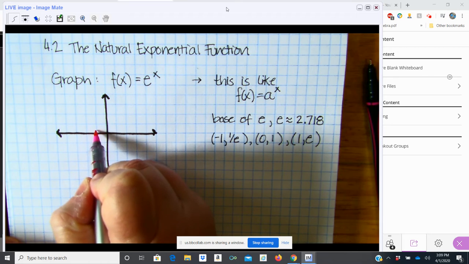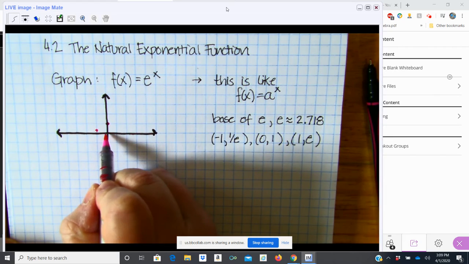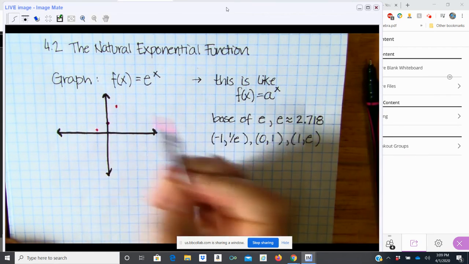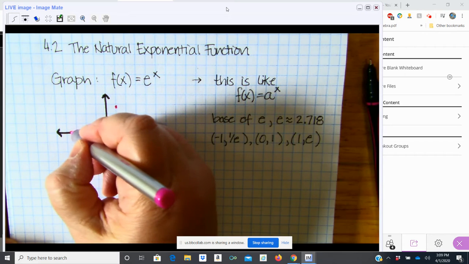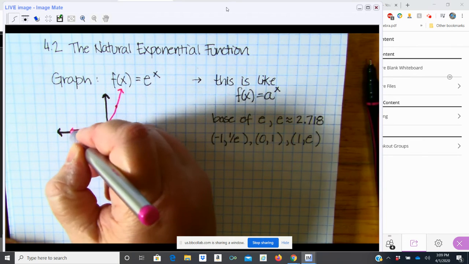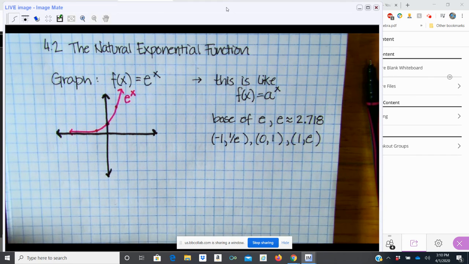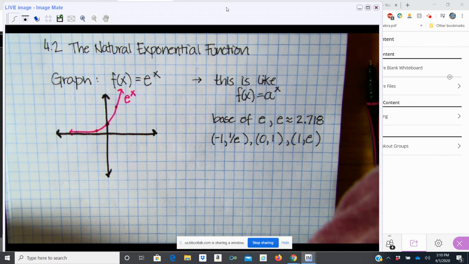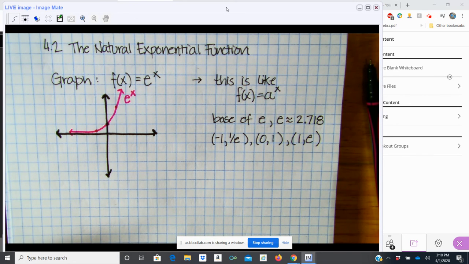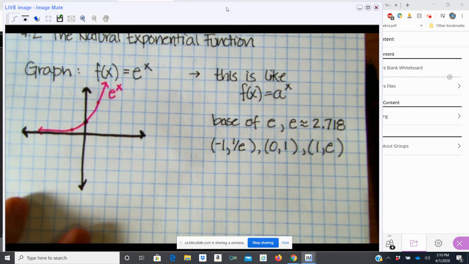So I'm going to have a negative 1, about 1/3, 0, 1, and then 1, 2.7, or just below a 3. This is my graph of e to the x.